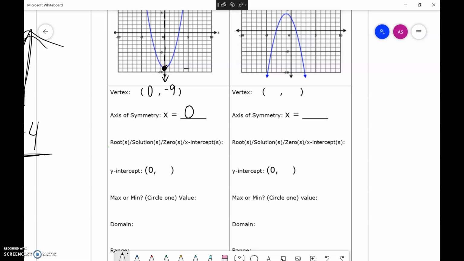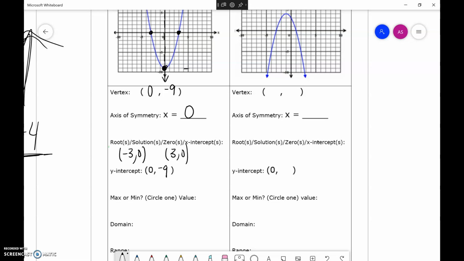Now for my x-intercepts, or my roots, solutions, or zeros, we have 2 of those. This first one is crossing at (-3, 0), and this second one is crossing at (3, 0). Notice my y-intercept and vertex are the same. That's only for this problem.